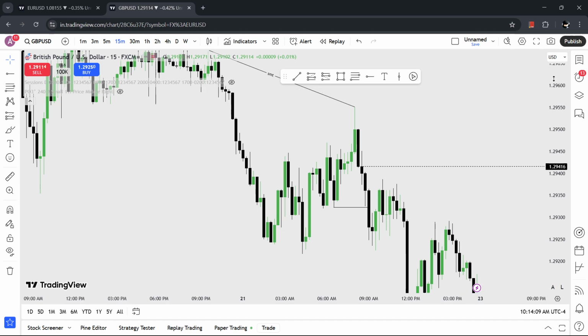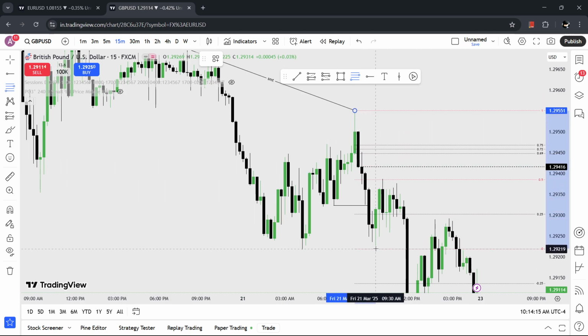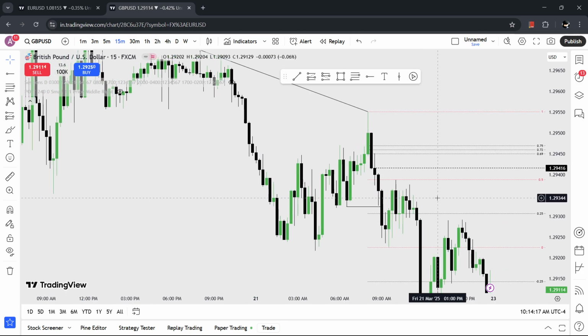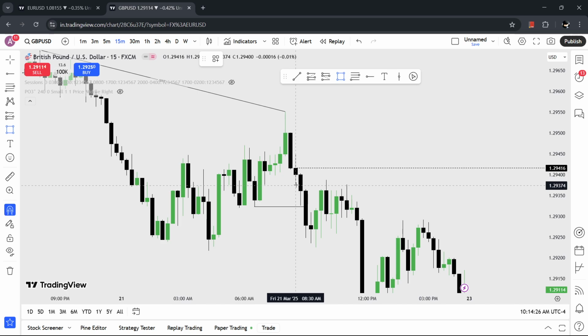But if you take the displacement from here to this low, we went to this equilibrium. Okay, fine. At this equilibrium, what do we have? Can I consider that another fair value gap?